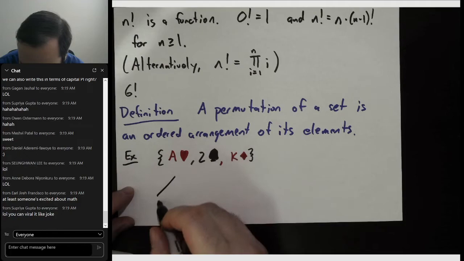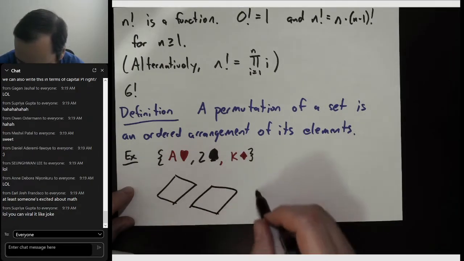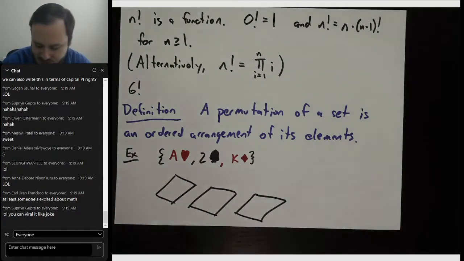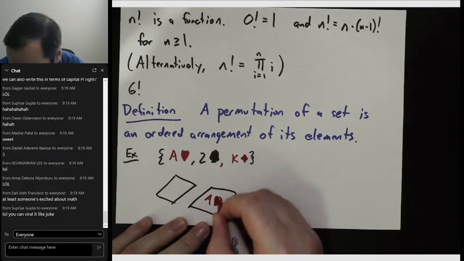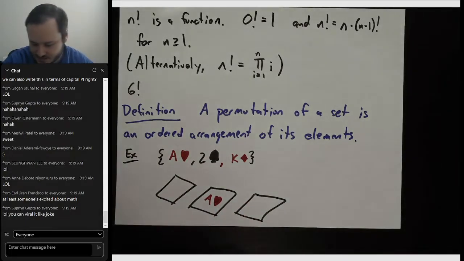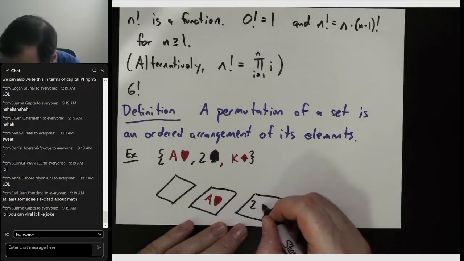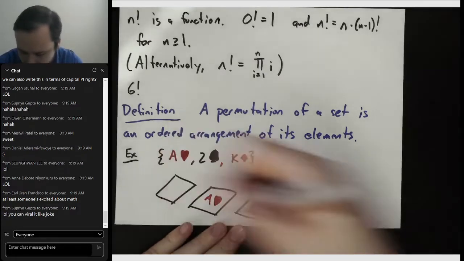Maybe I have my three cards lined up, and I have Ace of Hearts in the middle, and Two of Spades on the bottom. This is to be envisioned as being read from top to bottom.